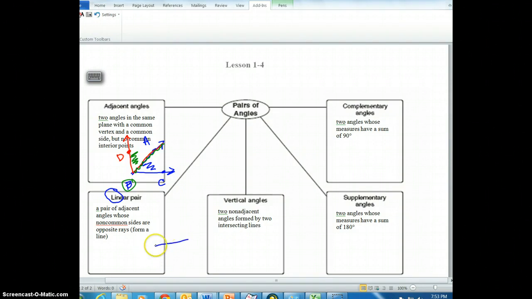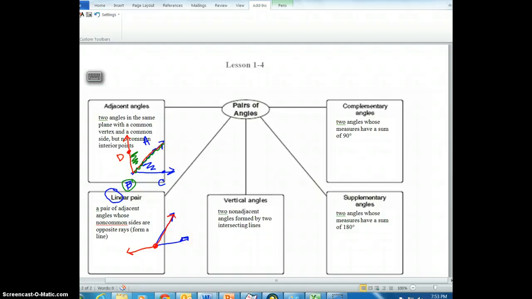I have one angle, and then I have another angle whose non-common side, so here's the common side right here, the non-common side actually forms opposite rays with the other non-common side. So notice these two angles together do form a line.